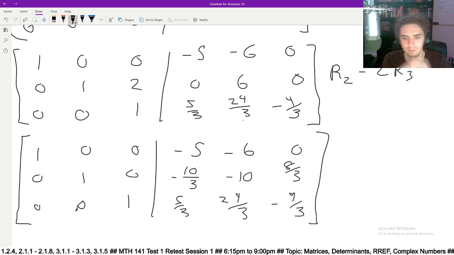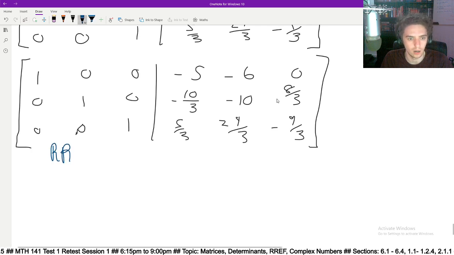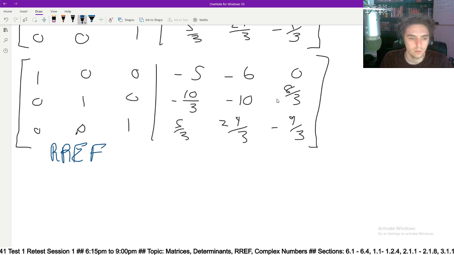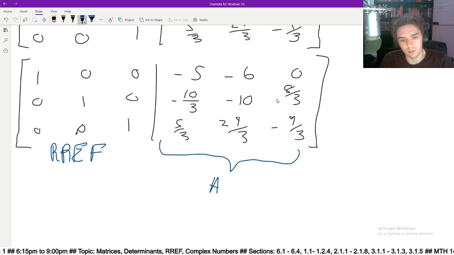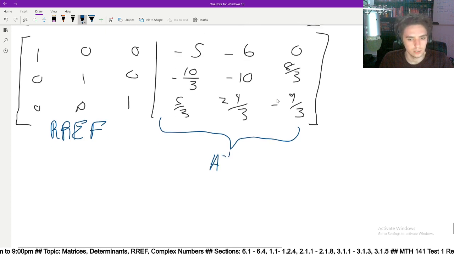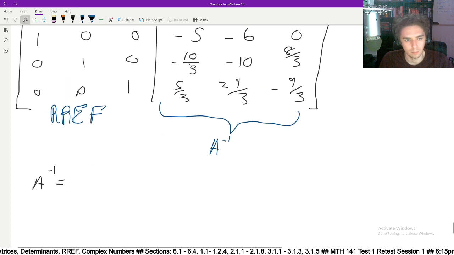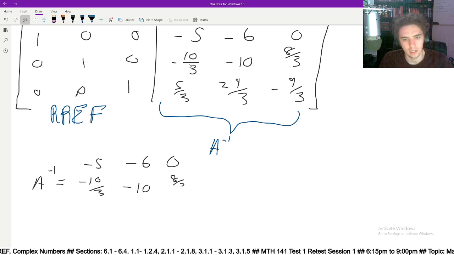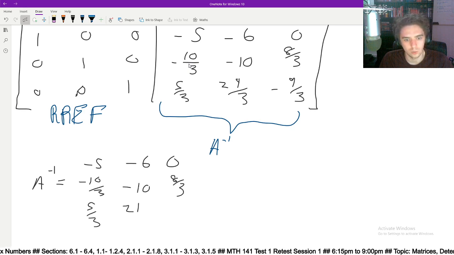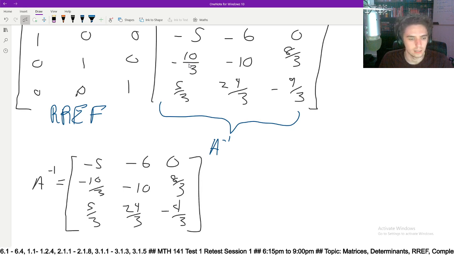So there you go. Since we successfully got to RREF on the left side, right? Notice this is RREF. Well, that means that this thing right here is equal to A inverse. And so then we know A inverse equals minus 5, minus 6, 0, minus 10 thirds, minus 10, 8 thirds, 5 thirds, 24 thirds, minus 4 thirds. And so that's our inverse.